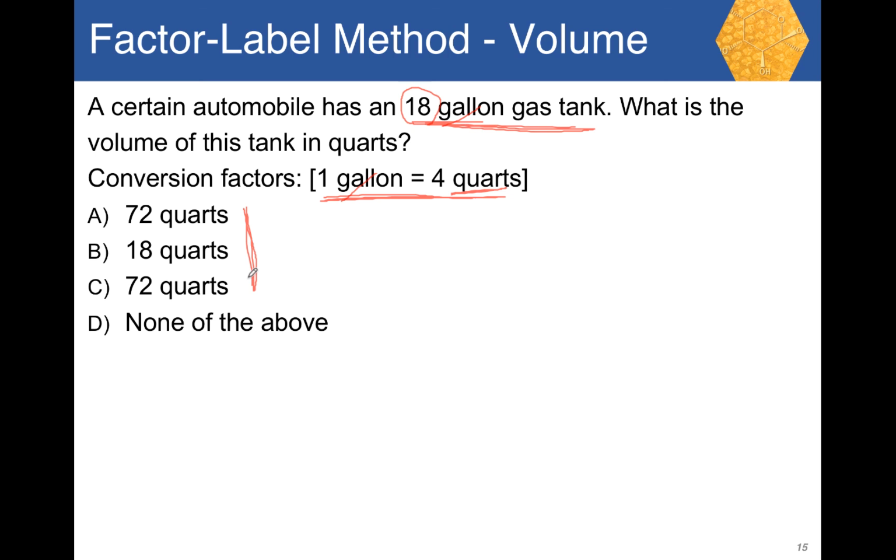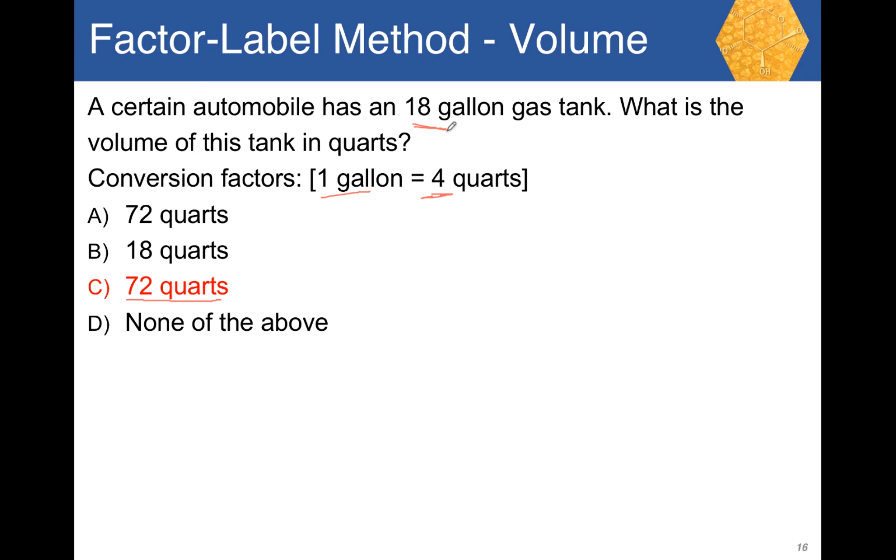Okay, so let me show you the next slide which has the answer, and this turns out to be 72. As you can imagine, that's reasonable, because 1 gallon is equal to 4 quarts, which is 4 times, so you know it will be more than 18.